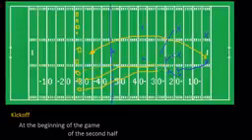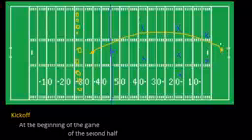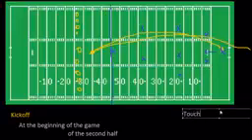In the event the ball is kicked so far that it goes into the end zone, so it gets kicked the whole way down here into the end zone, which is a fairly common occurrence nowadays, and either maybe the receiver catches the ball and decides not to come out of the end zone, or the ball actually goes out of the back of the end zone, then this would result in what we call a touchback.